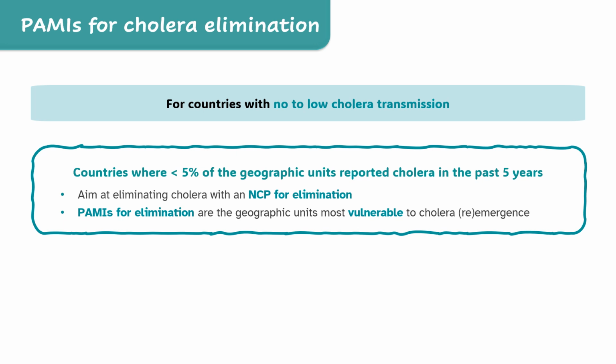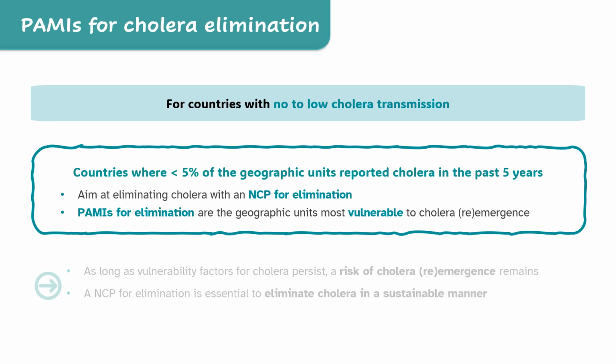In these countries, PAMI are the geographic areas that are the most vulnerable to cholera reemergence. The focus to identify PAMI for elimination is on vulnerability to cholera. Implementing multisectoral interventions in PAMI for elimination is essential to mitigate vulnerability to cholera reemergence in order to achieve cholera elimination in a sustainable manner.